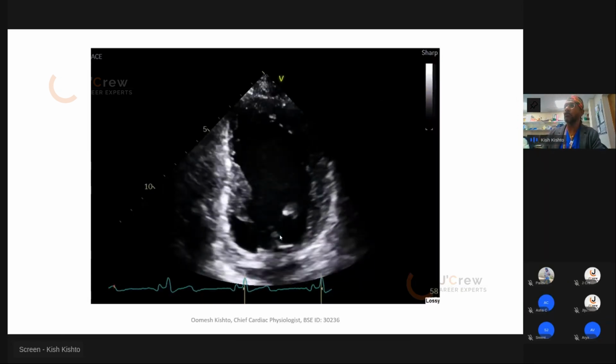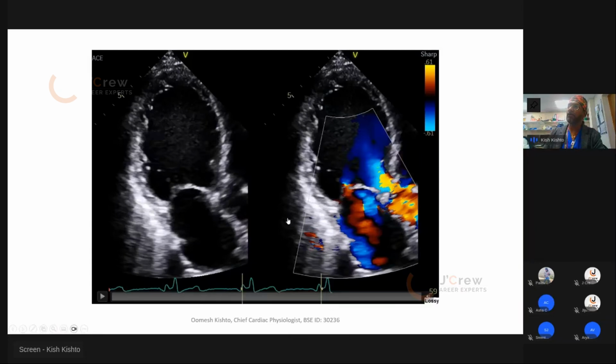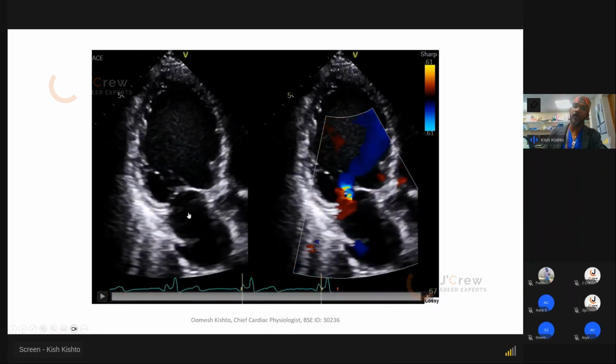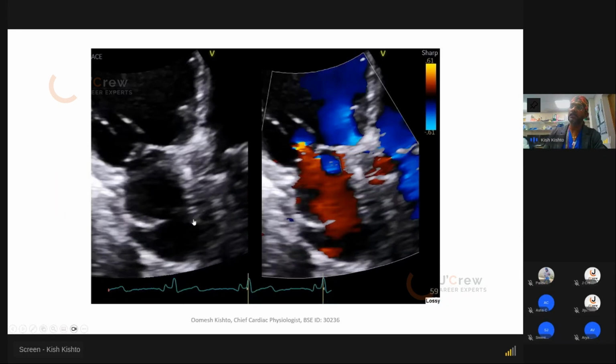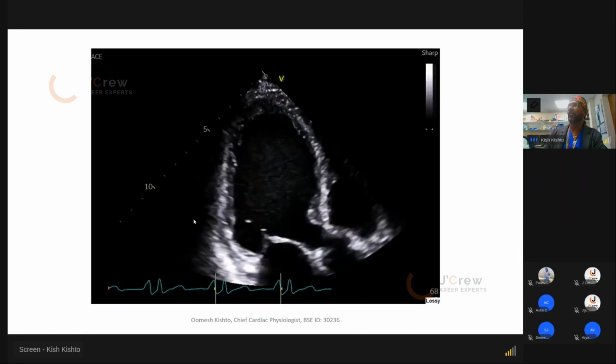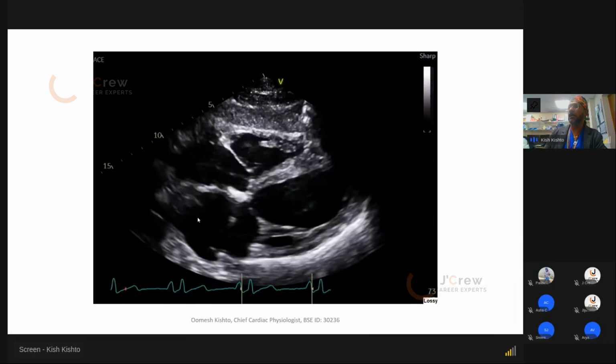You don't have to use just one image plane. And here also you can measure your PISA if you need to, if you see the MR even more from this view. Okay, good. Any questions on MR?